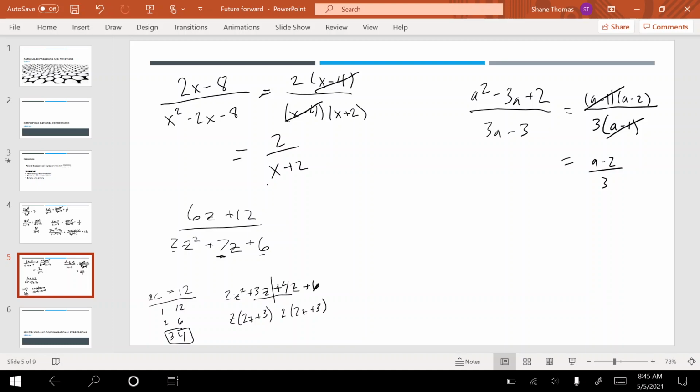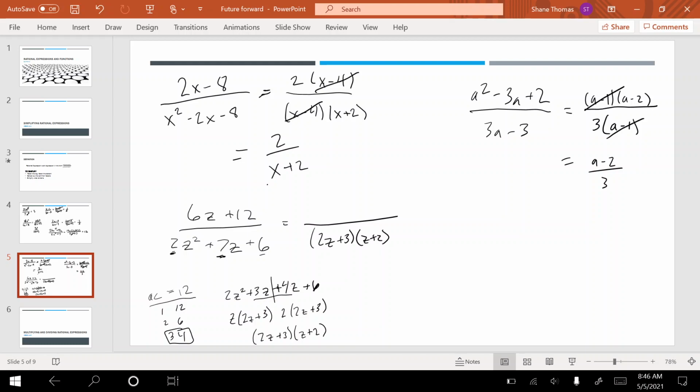So then you have your common factor, which is 2z plus 3, and your leftovers, z plus 2. That's how you do one where your a term is not 1. So the bottom factors to 2z plus 3, z plus 2.